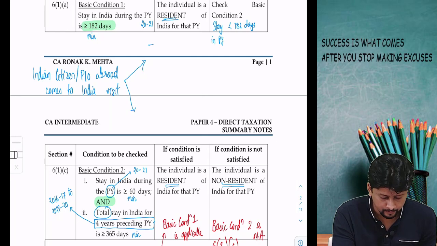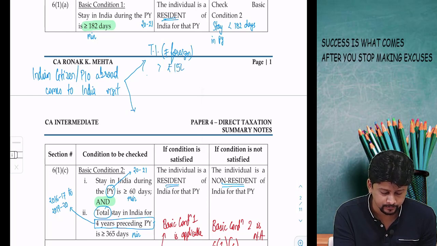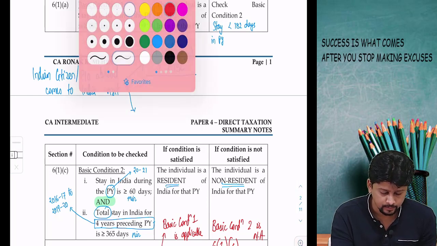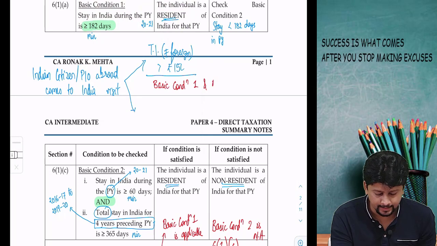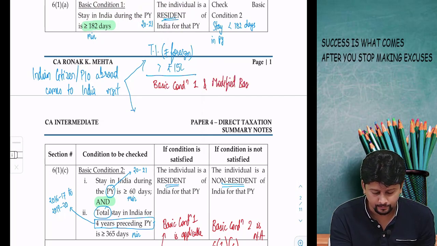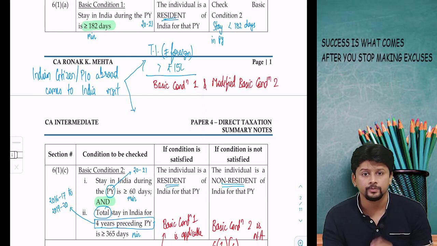Possibility number one, if the total income except income arising from foreign sources exceeds rupees 15 lakhs, then it is basic condition number 1 and modified basic condition number 2 that needs to be checked.